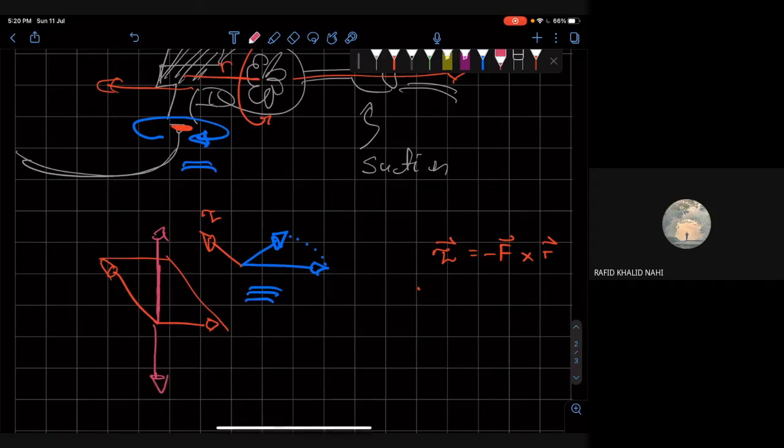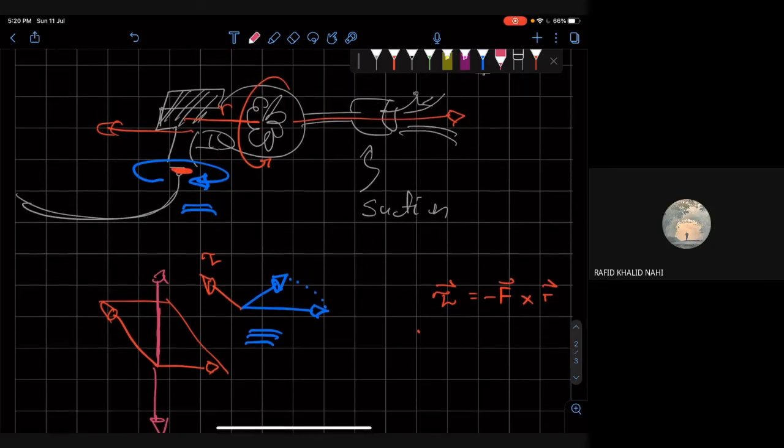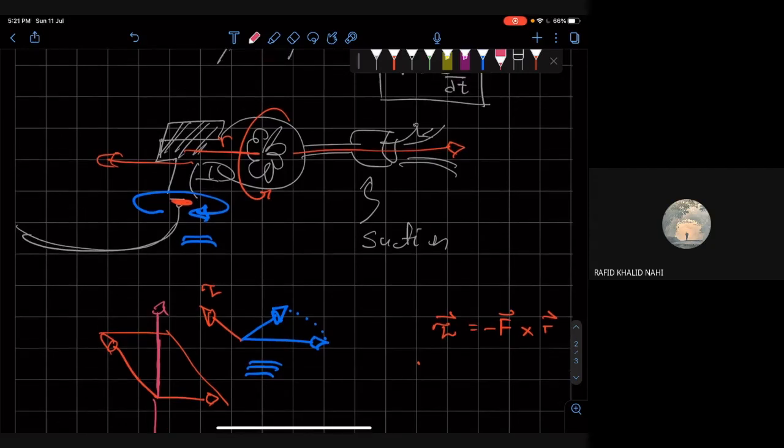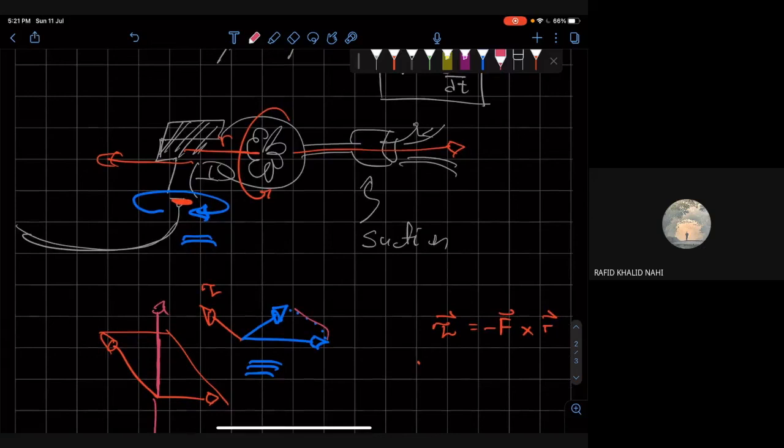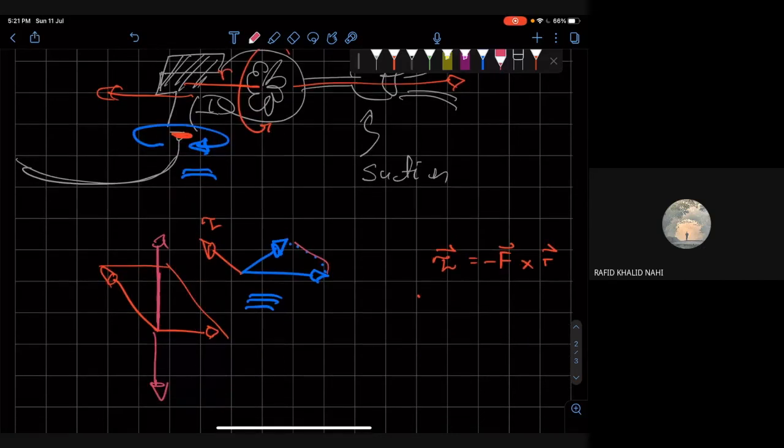So this is very counterintuitive. You will find that if you try to rotate this vacuum cleaner, your hand will twist in a direction which you did not expect. It'll twist in this direction or this direction, okay? Because there has to be a force in that direction for you to be able to do this motion.